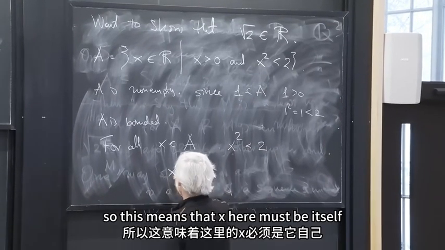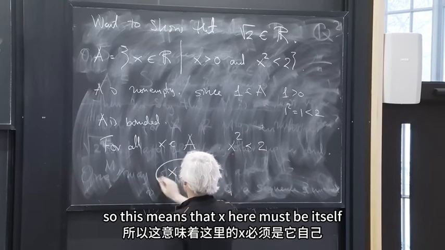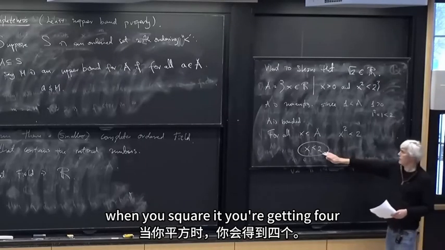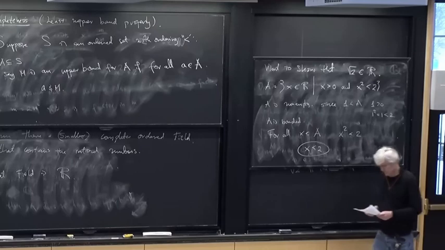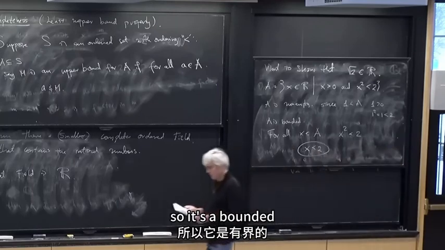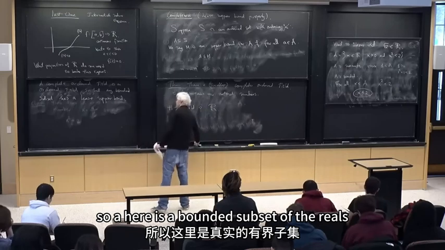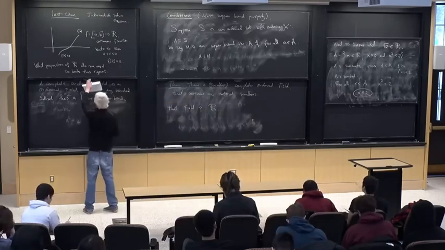So this means that x must itself be less than 2, because when you square 2, you're getting 4. So A is a bounded subset of the reals.